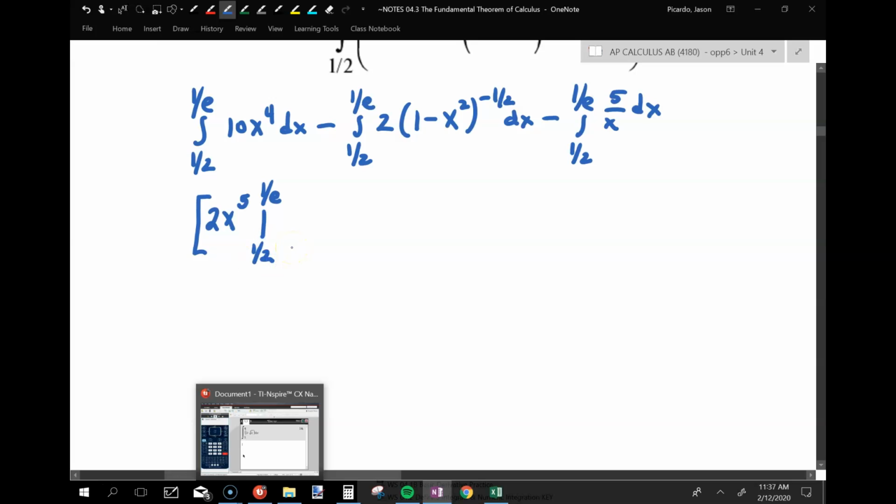All right, so we're going to evaluate that one. Minus. Everybody agrees that I have a constant multiplier here. All right, so minus 2 times. What's the antiderivative of this? Well, we said that's the same as 1 over the square root of that. So it's the sine inverse, right?